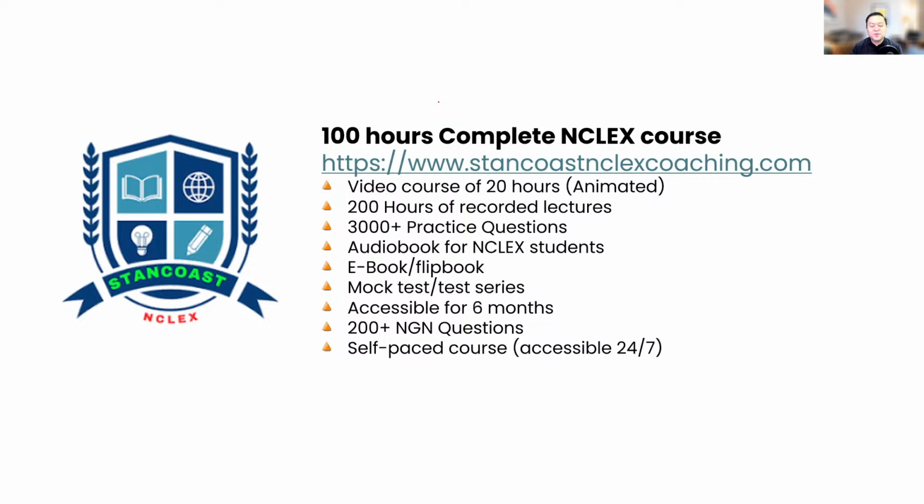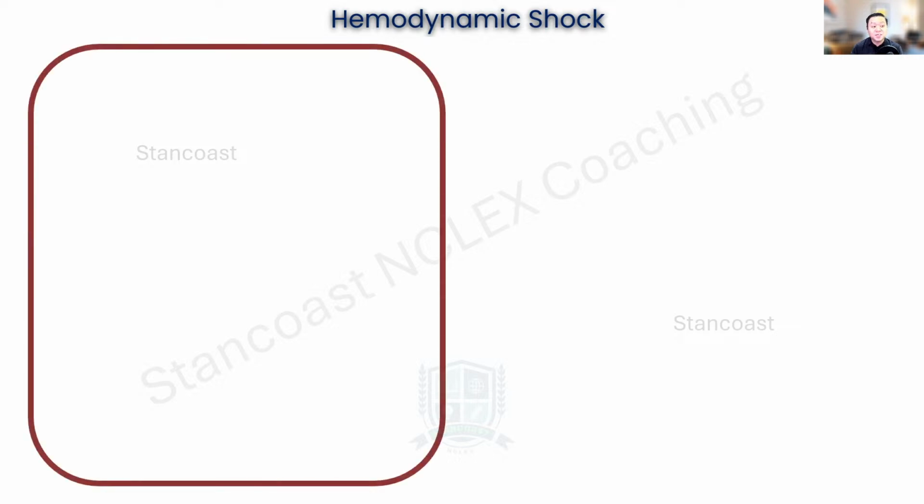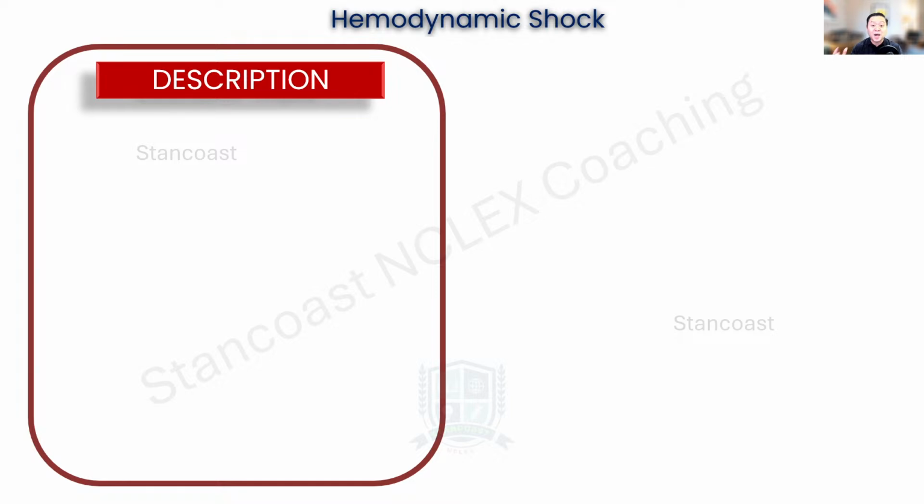So let's go right ahead with our discussion about shock, and we're going to be talking about the different types as well. So we will focus on shock itself, and this is basically a critical condition where the body is having an insufficient delivery of oxygen. There's also insufficiency in the delivery of nutrients to the body's organs and tissues.